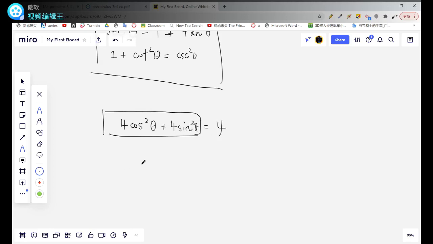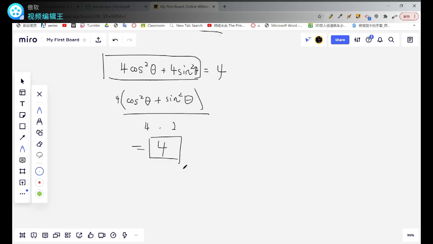It looks pretty scary, but it's actually pretty easy. Use the distributive property, then this is equal to 4 times cosine squared theta plus sine squared theta. And this is equal to 1, so 4 times 1 is equal to 4.